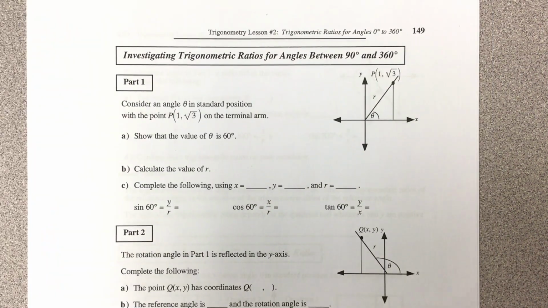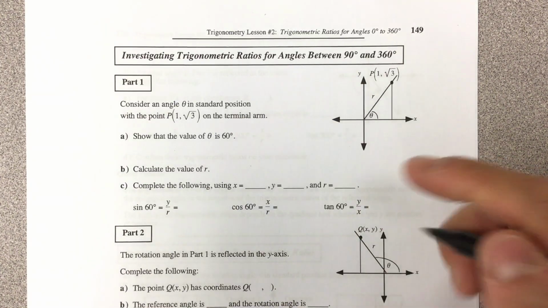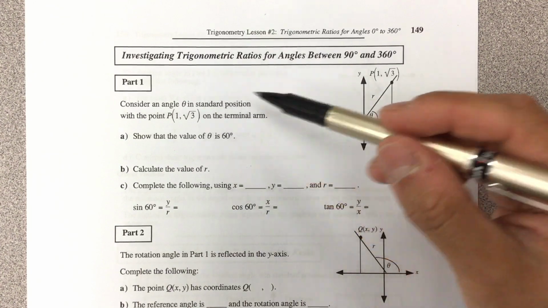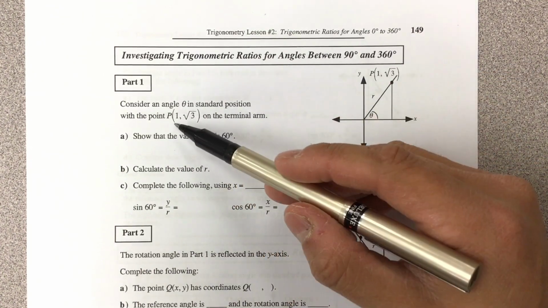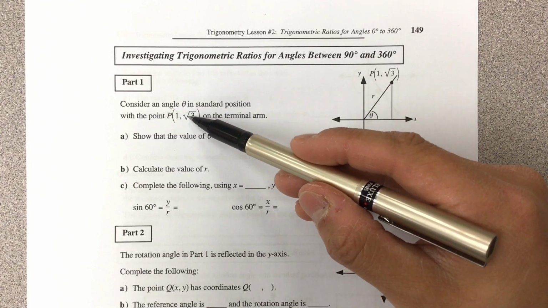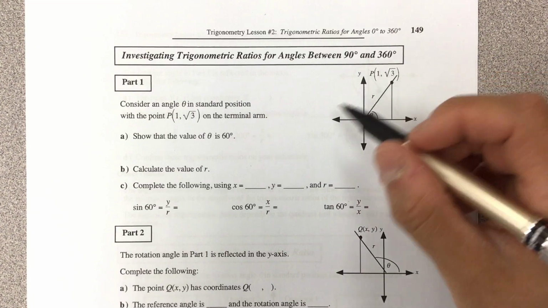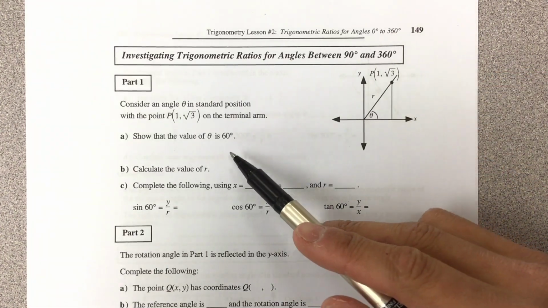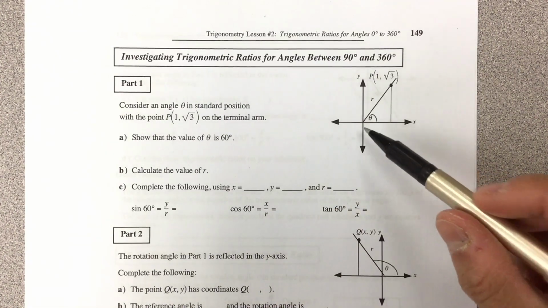For this next example, I'm going to do part 1 and part 2, and part 3 you'll be able to complete by yourself after watching me. So consider an angle theta in standard position with the point P, where x is 1 and y is root 3, on the terminal arm. We want to show that the value of theta is equal to 60 degrees.